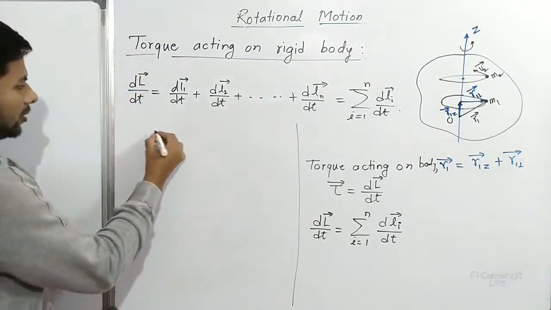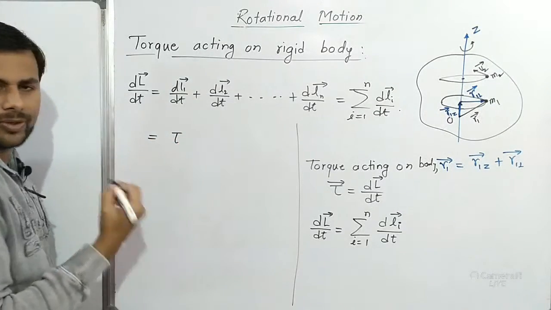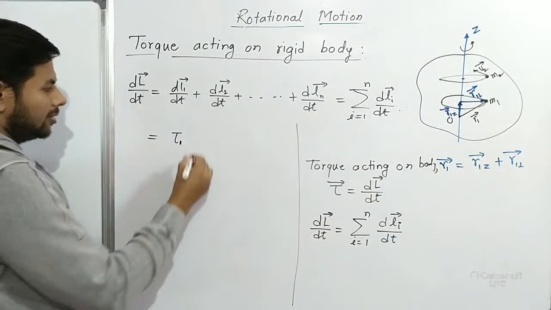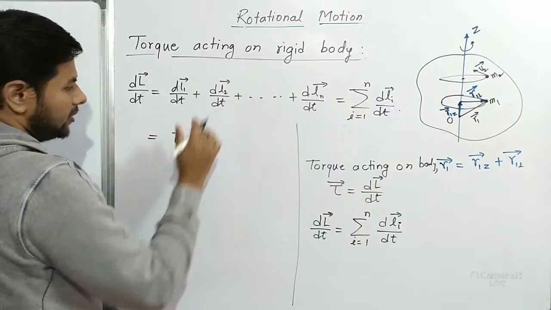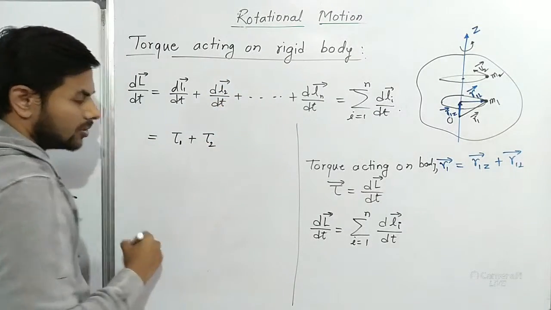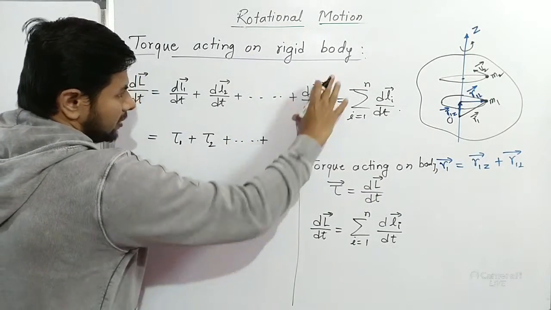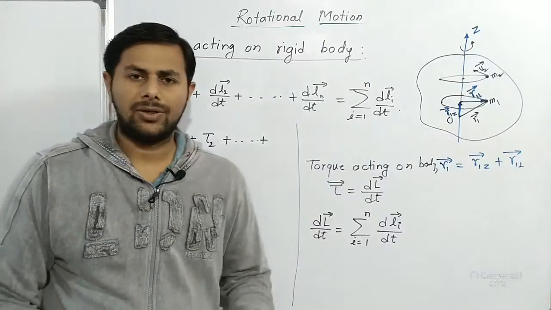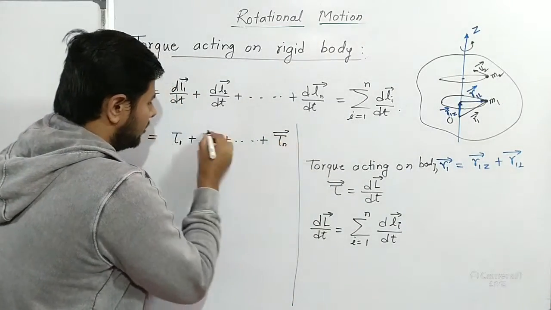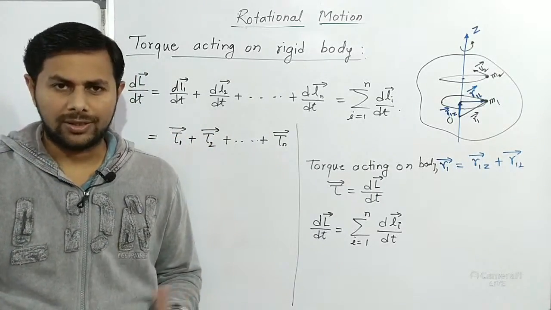So this is equal to the torque acting on the first particle, plus the rate of change of angular momentum of the second particle, which is the torque acting on the second particle, plus so on and so forth up to the torque acting on the nth particle. Let's not forget these bars, because torque is a vector quantity.